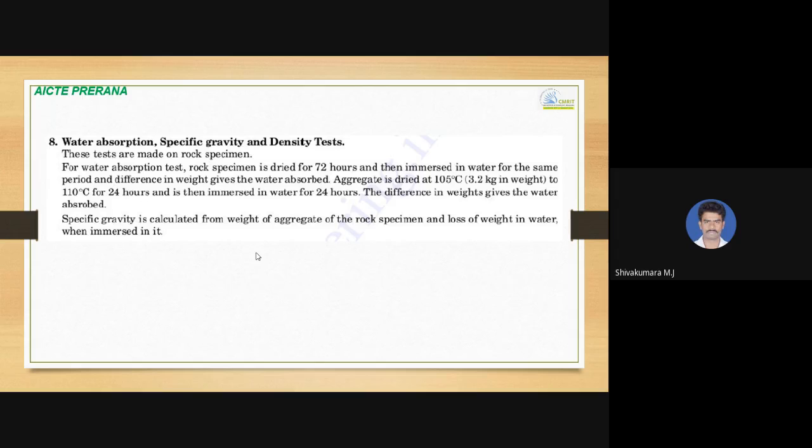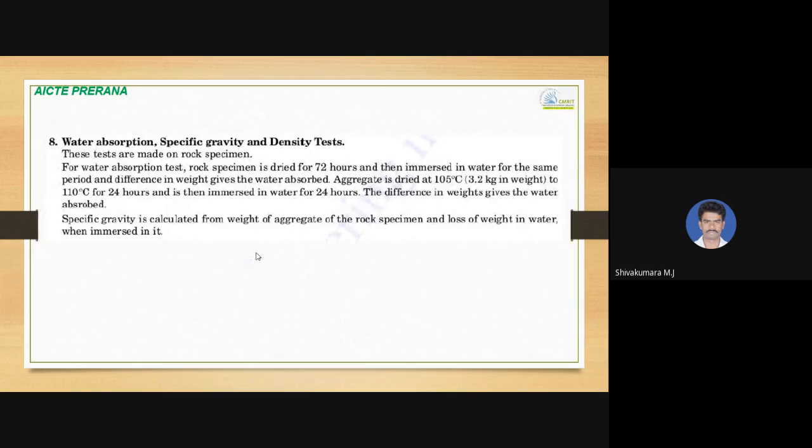Aggregate is dried at 105 to 110 degrees Celsius for 24 hours and is then immersed in water for 24 hours. The difference in weight gives the water absorbed. And then specific gravity is calculated from the weight of the aggregate or rock specimen and the loss of weight in water when it is immersed.